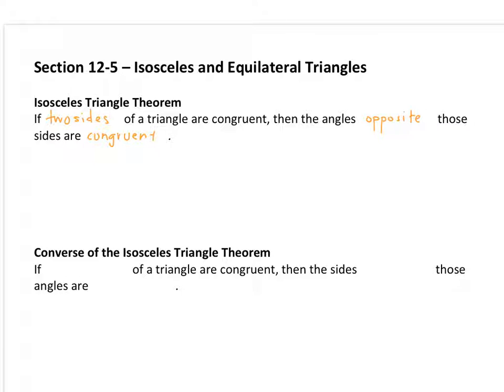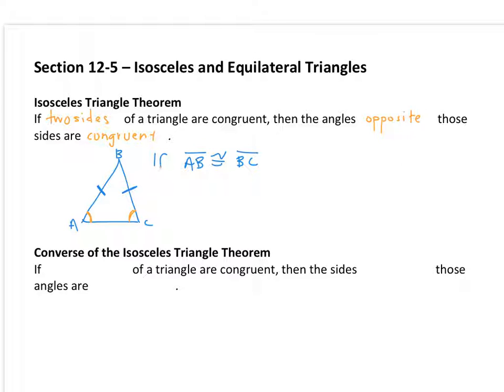All right, so let's draw a picture here to see what this looks like. If I have a triangle, and two sides, we'll say this side and this side, we'll label this triangle A, B, C. So if side AB is congruent to side BC, then also angle A and angle C are congruent.